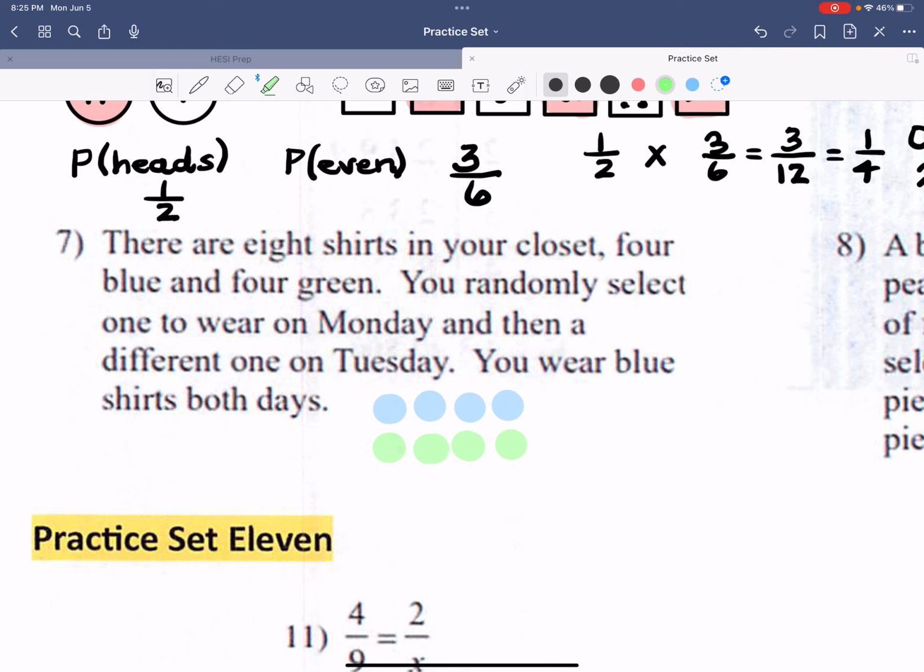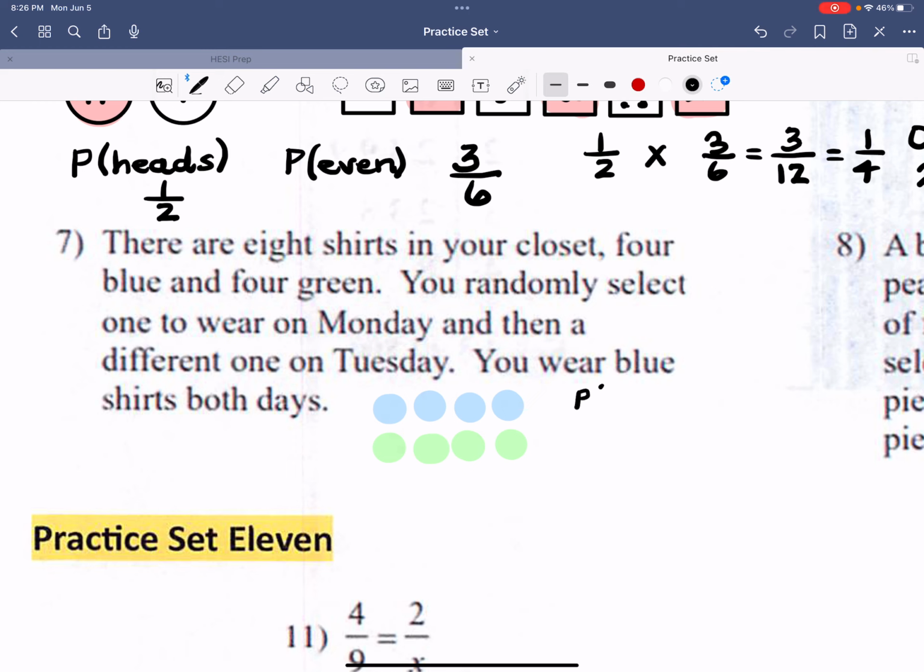Total of 8. You randomly select one to wear on Monday and then a different one on Tuesday. So you don't put the dirty shirt back in the closet. What is the probability that you would wear blue shirts on both days?